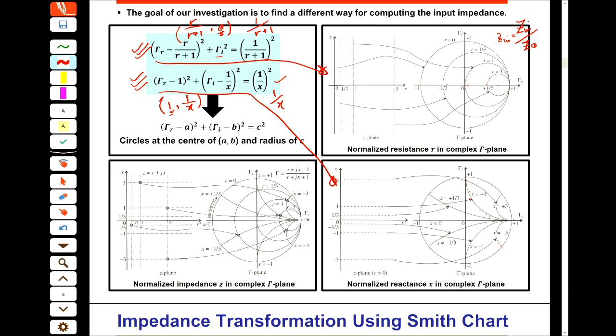Then you can easily find any value on this. We use this technique for transformation of impedances, for moving an impedance along a transmission line, and for cascading different impedances together. Okay.